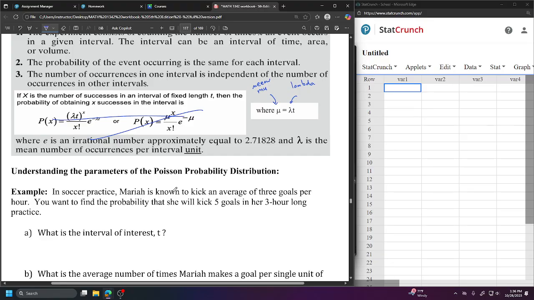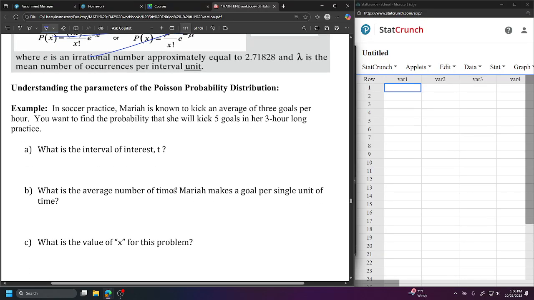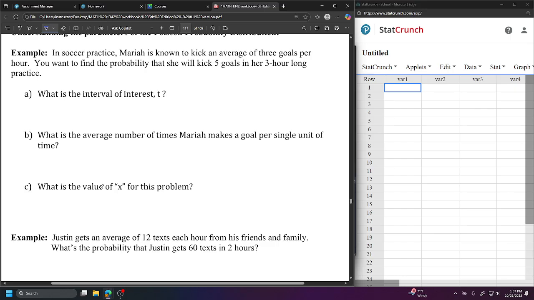Is this okay so far? Okay. So, soccer practice, Mariah will kick 5 goals in a 3-hour period. What is this time interval? Most of the time, this is just multiple choice on the homework. I'm just going to say it's an hour. The average number of times: what is the average number of times that makes a goal per unit of time?